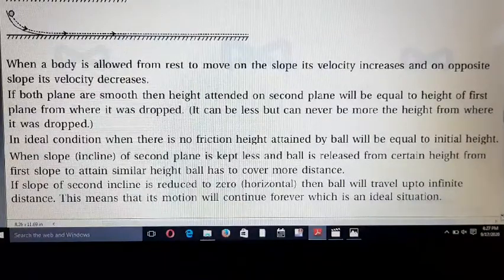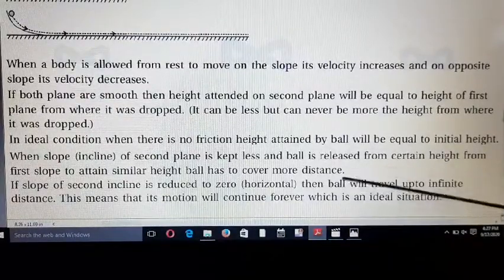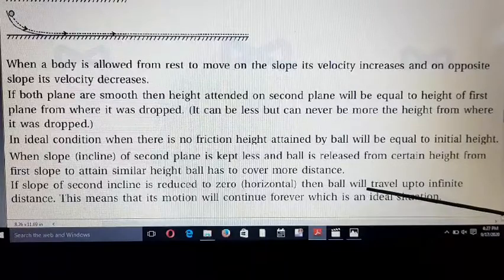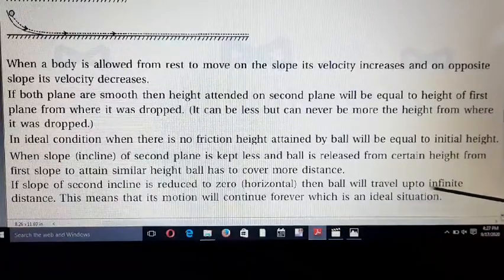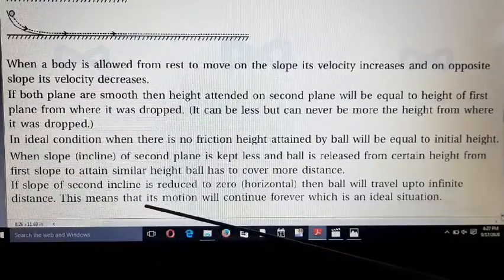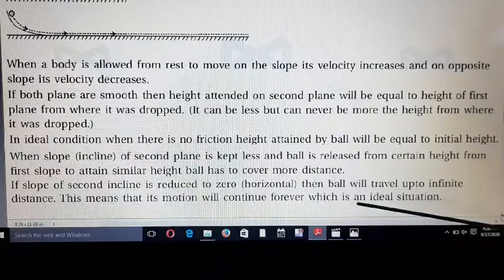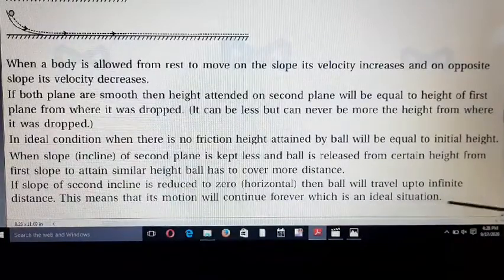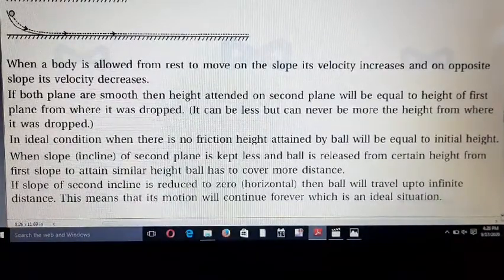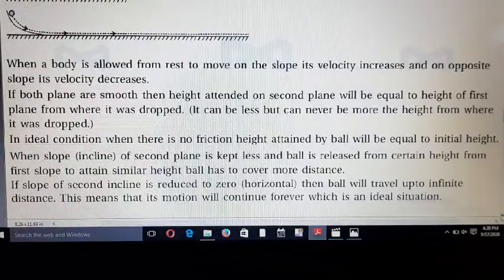If the slope of the second incline is reduced to zero, meaning horizontal, then the ball will travel an infinite distance. This means its motion will continue forever, which is an ideal situation. But in our real life, it is not possible due to friction.